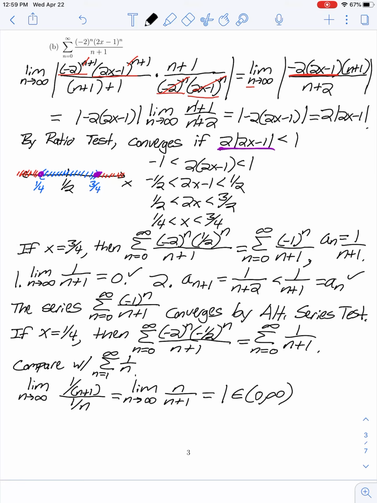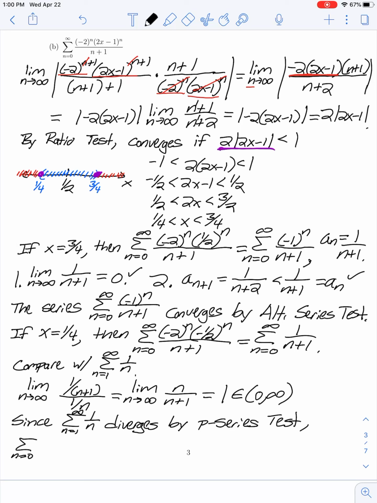So the limit comparison test says that either both these series converge or they both diverge. Since the harmonic series, the sum of 1 over n, diverges by the p-series test, that means that the series that we were considering, 1 over n plus 1, also diverges by the limit comparison test.